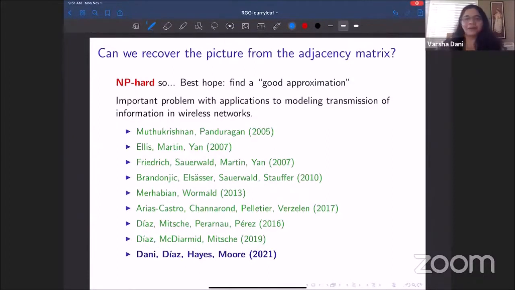And putting back my practical hat on, why do we care about this? Well, it's an important problem for modeling the transmission of information in wireless networks.